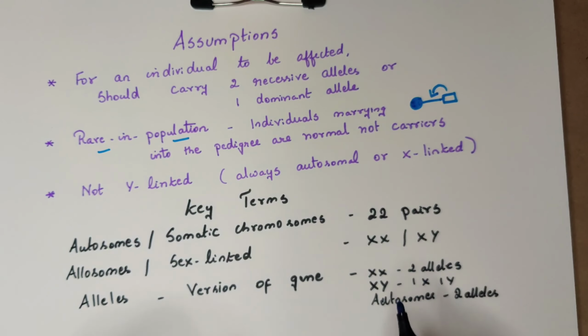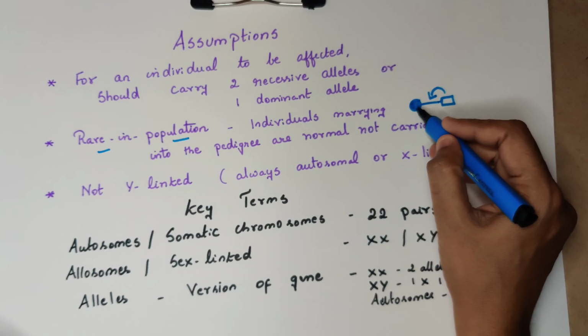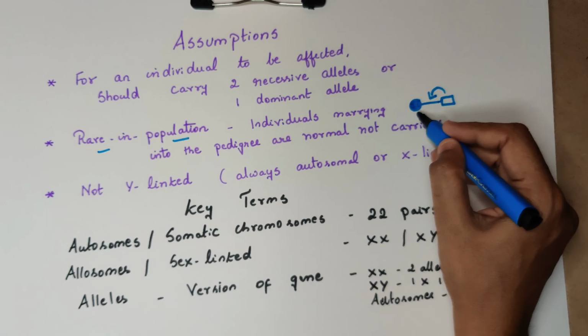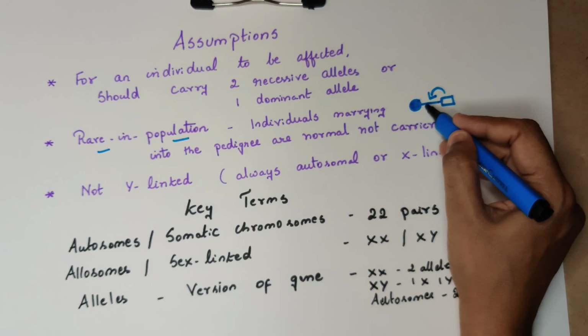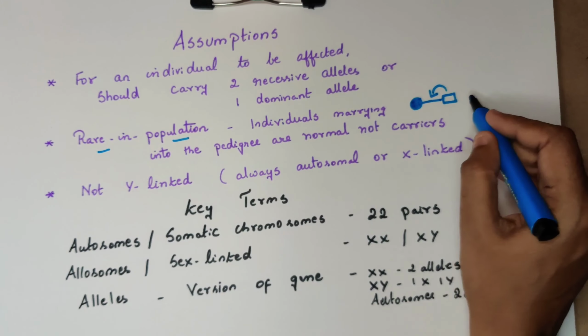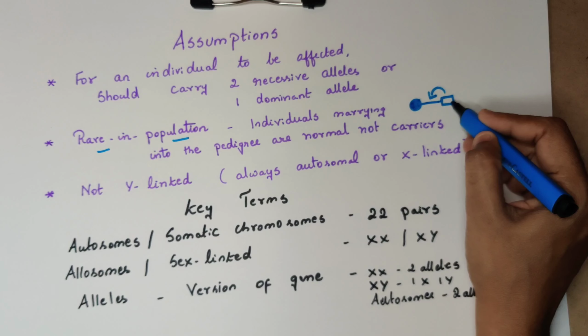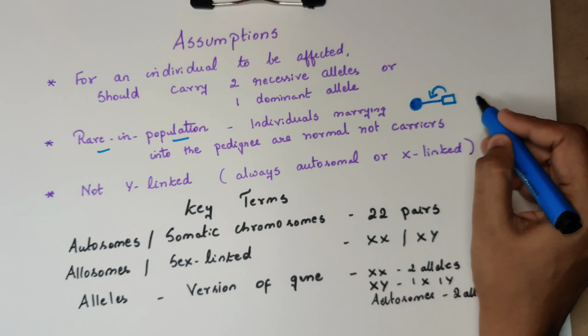The family in question, the family that we are studying for a genetic inheritance pattern, we assume that some of them are affected. But any person that comes into the family, we assume they are not affected, they are just normal people. If at all a person marrying into the family is affected, it will be given specifically.